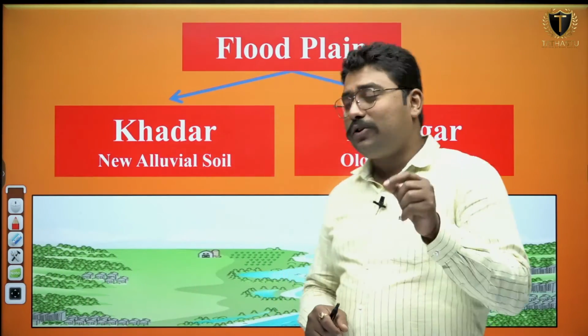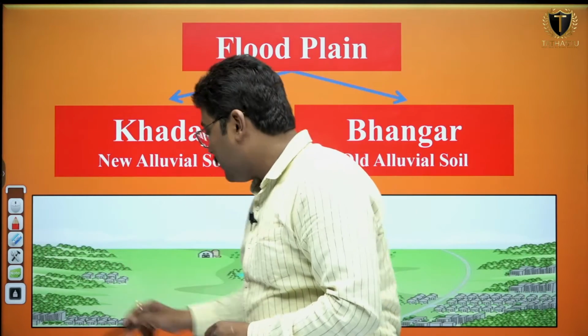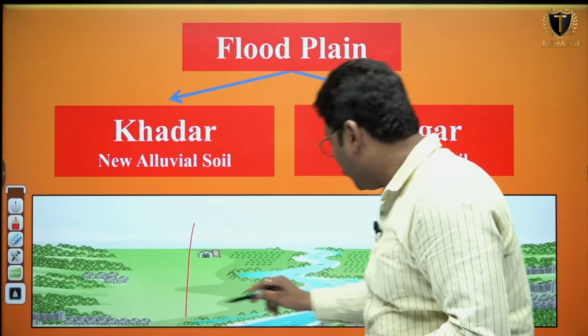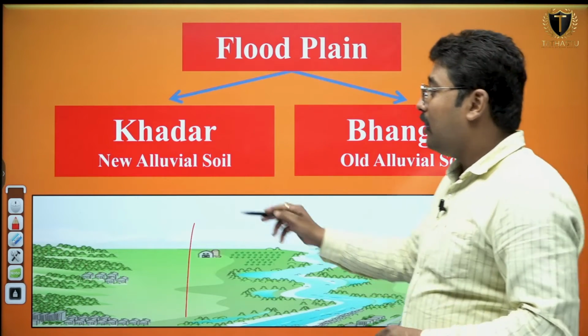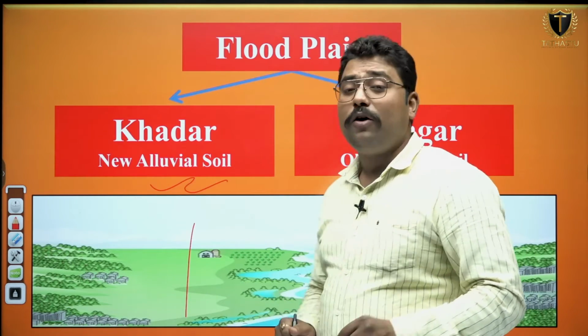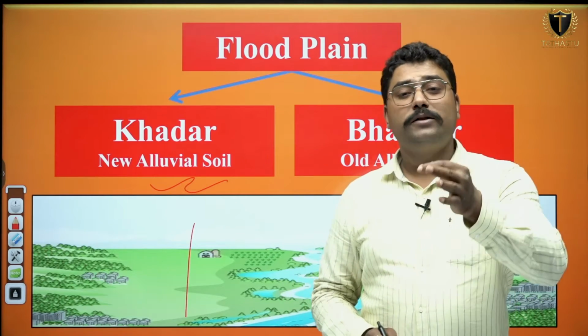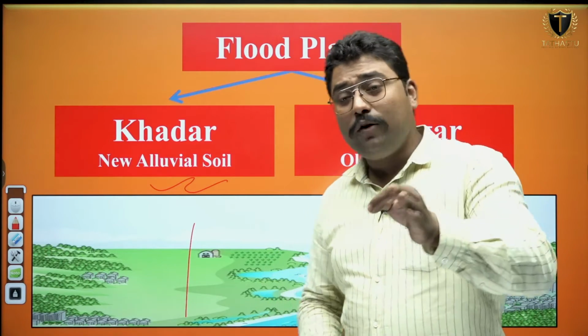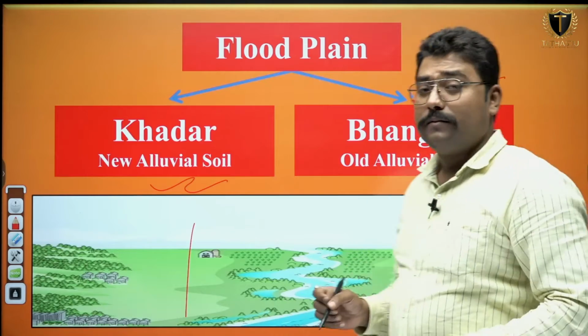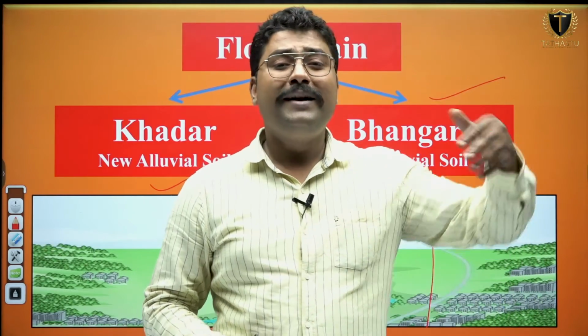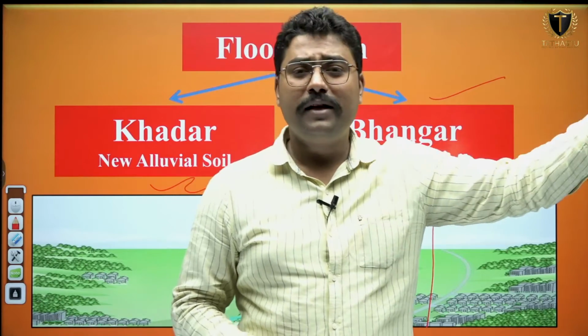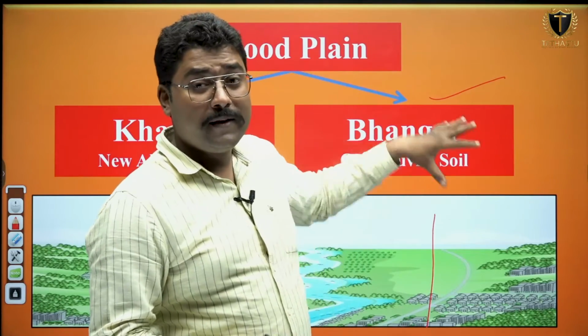Khadar is that area where the deposition of sediment takes place every year, meaning the new alluvial soil or the new deposition. The old alluvial soil is considered Bangar, meaning the area which gets flooded after a long period of time, decades, 10 years, 15 years, that will be considered Bangar.